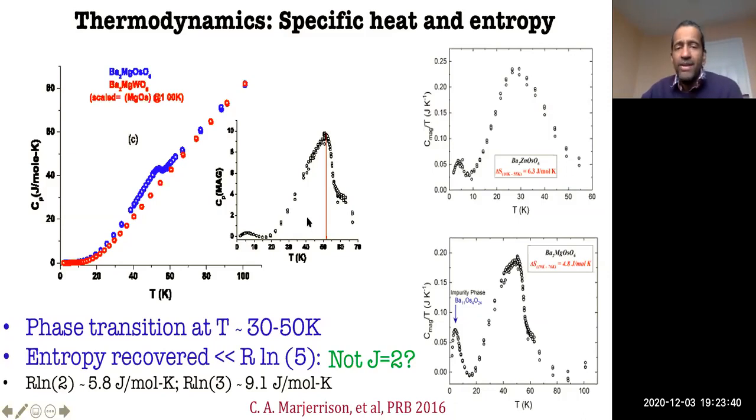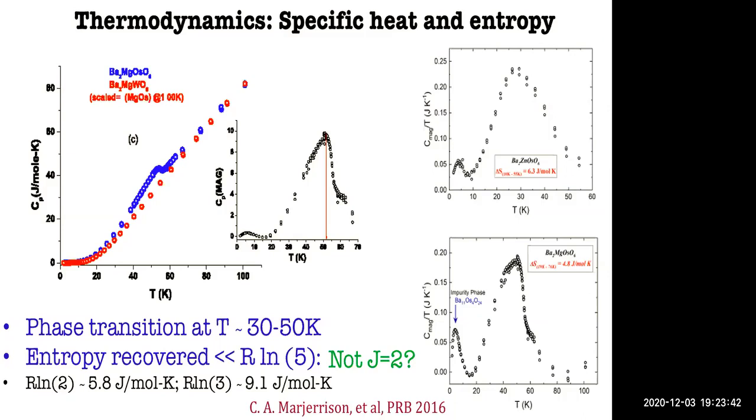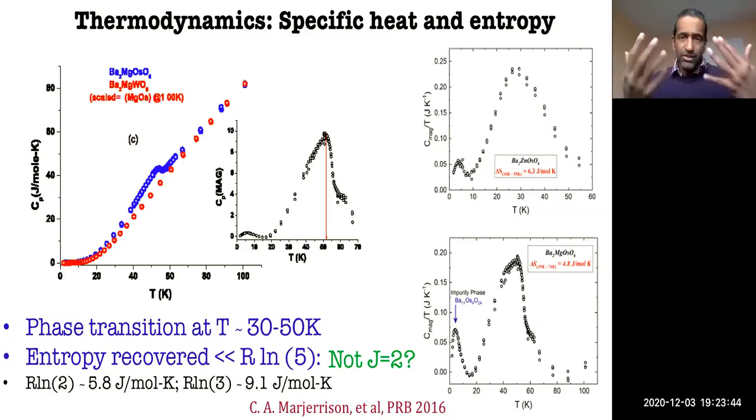One way to do this is to say, well, maybe I start with 5 levels for the J equal to 2 moment, and somehow there is a phase transition at high temperature, well beyond all of these scales that you're seeing here. Maybe at 300 Kelvin, 400 Kelvin, there's a transition where part of that entropy gets quenched. And then when you come down to 50 Kelvin, all that needs to order is this second phase transition, which is leading to the killing of that doublet into a unique ground state.